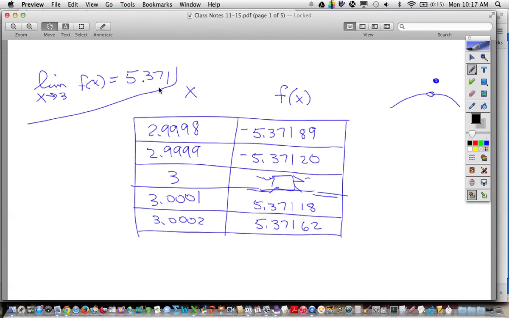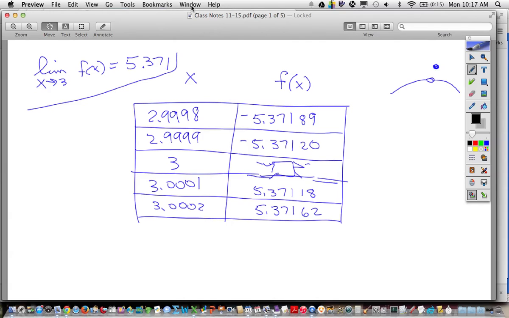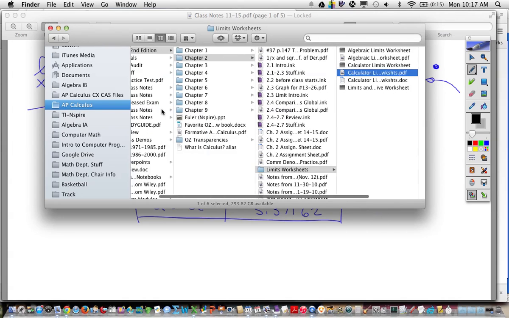Okay, so that's kind of what you were doing on that worksheet with doing the table, but we'll talk more about that tomorrow. Okay, and then we also had, well, I need to find the right page of notes here. Hold on a second.